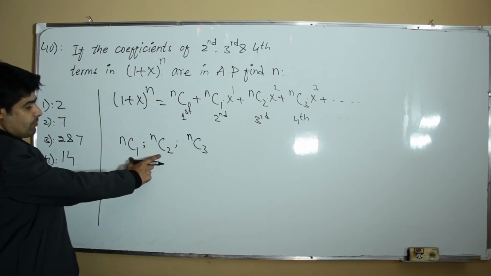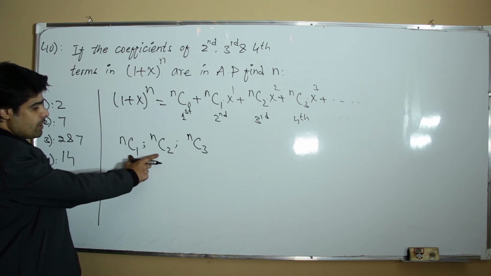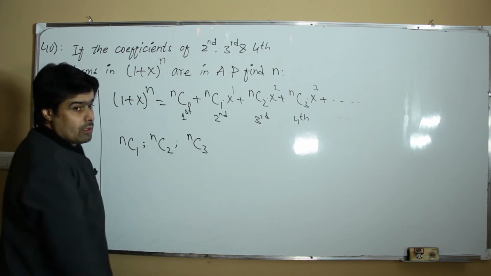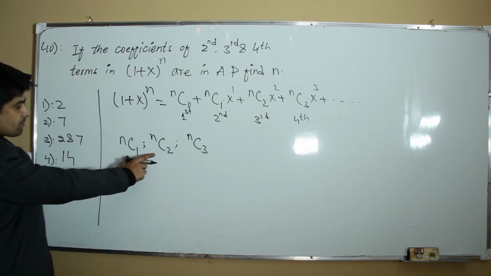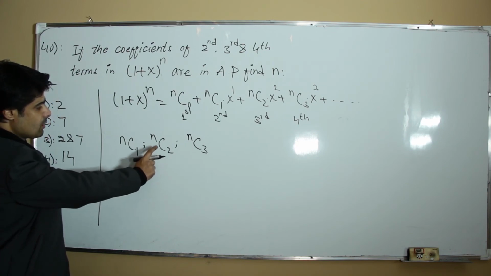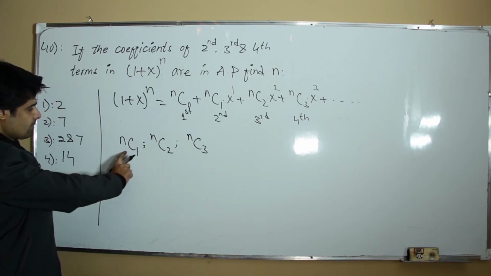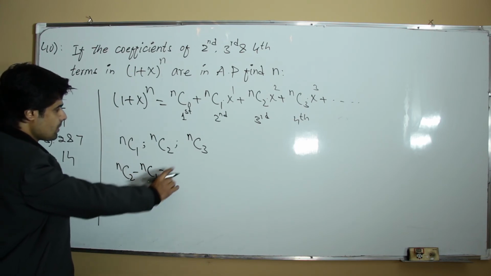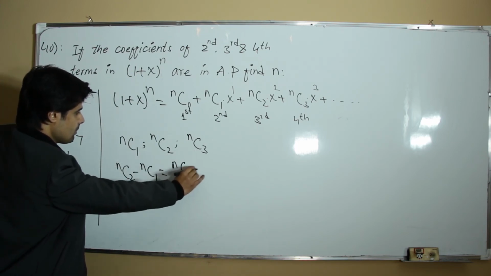The subtraction of every two consecutive terms, first and second, second and third, third and fourth, should be equal. I mean the second minus first, nc2 minus nc1, should be equal to nc3 minus nc2.